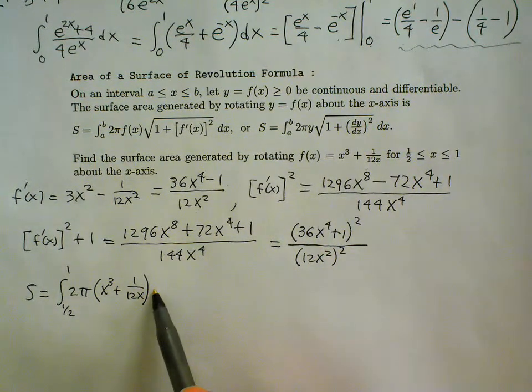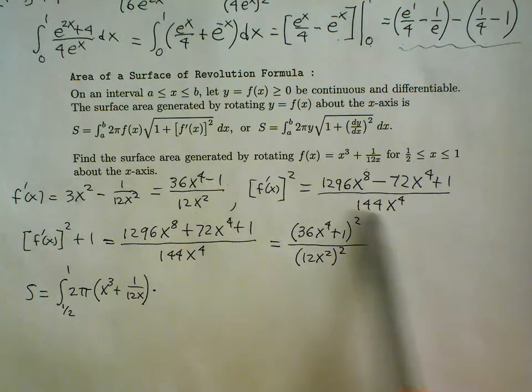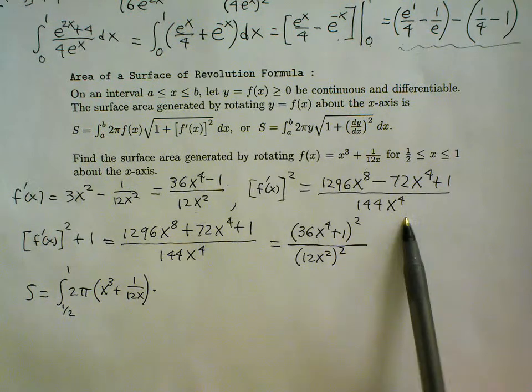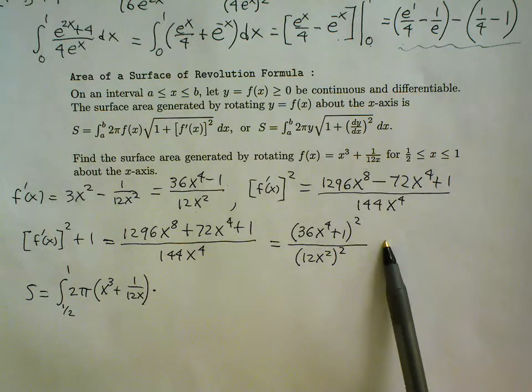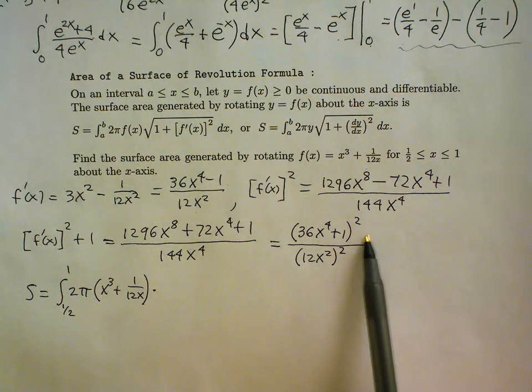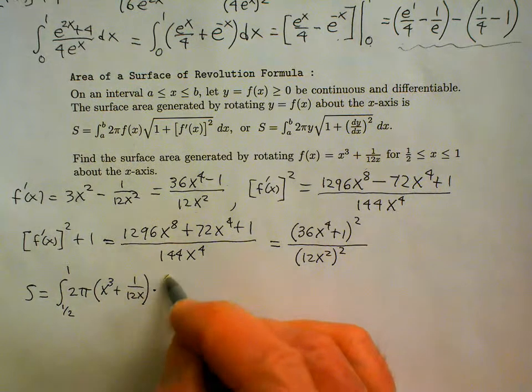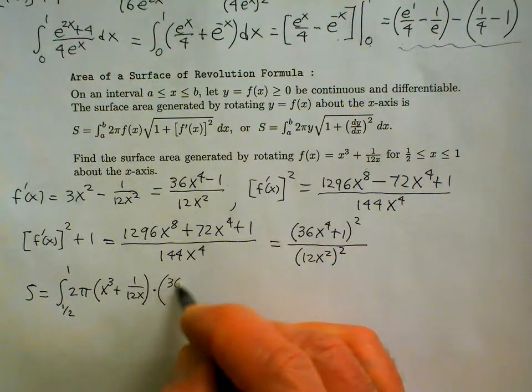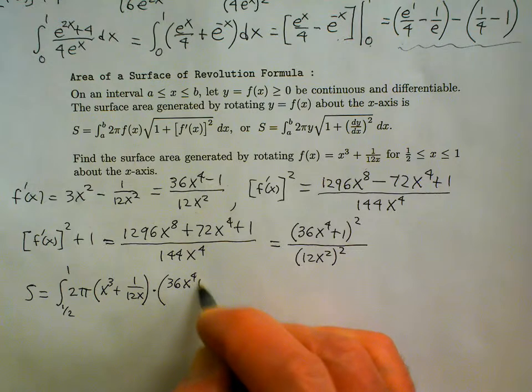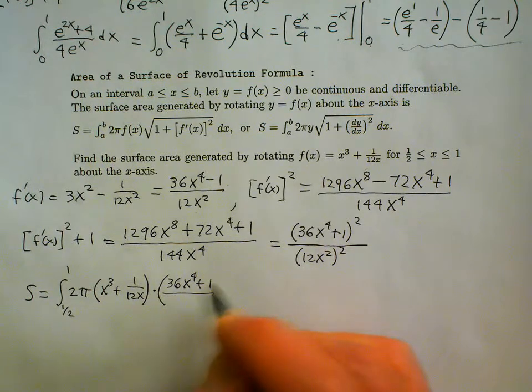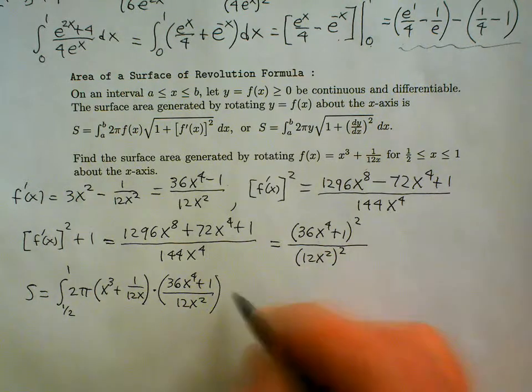And then we're multiplying this by the square root of this quantity, which is f prime of x squared plus 1. So when we take the square root, we'll just get 36x to the fourth plus 1 over 12x to the second dx.